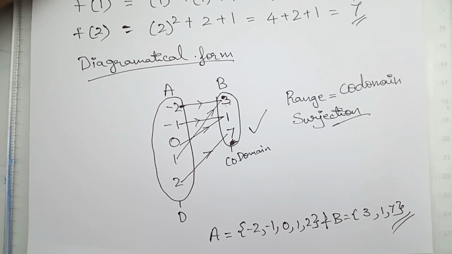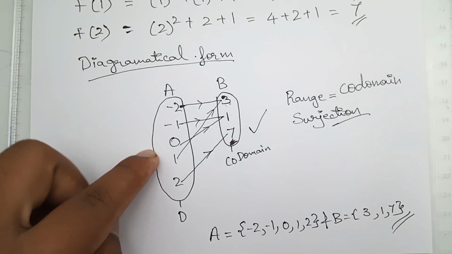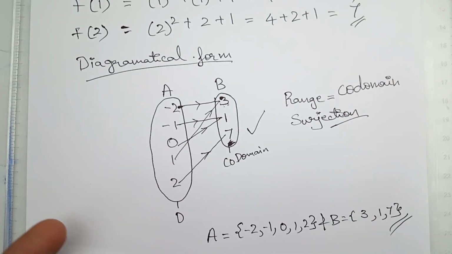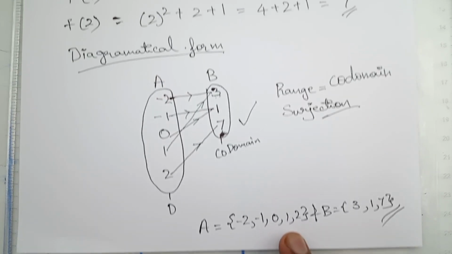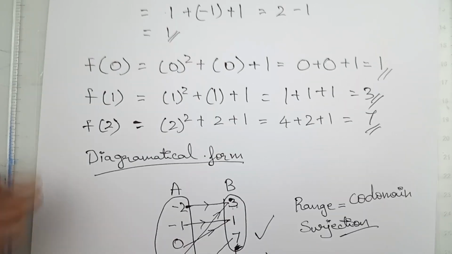This is the actual answer which we can write in exams without showing the diagrammatical form. If they specify to show diagrammatical form in the exam, we should write this answer. If the question does not say anything about diagrammatical form, then we should write this answer. I think you do understand this.